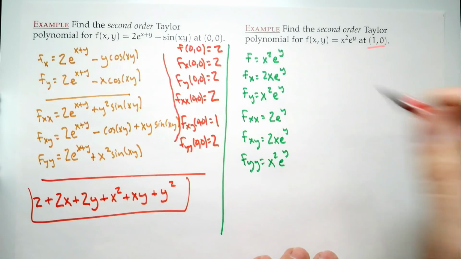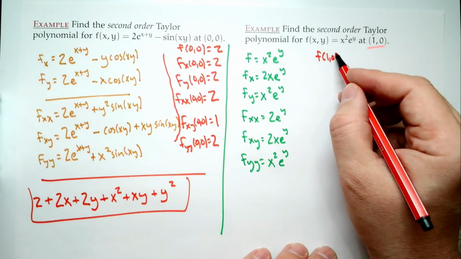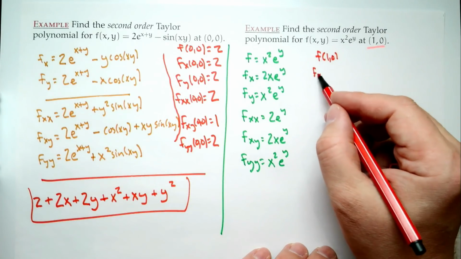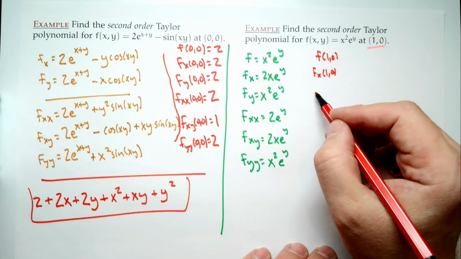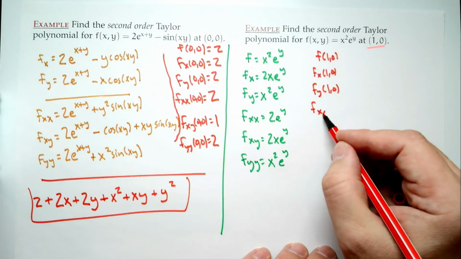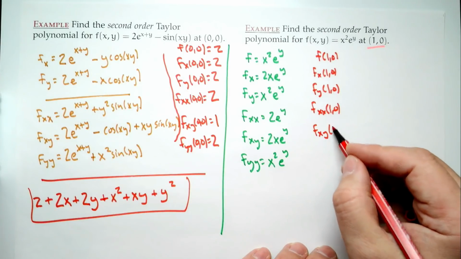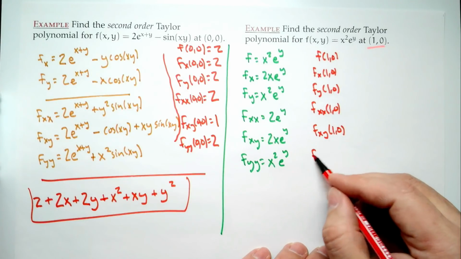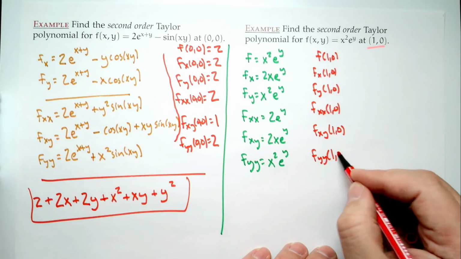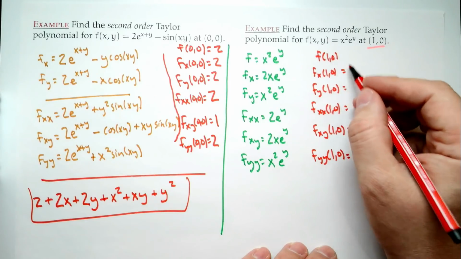Evaluate. Okay, so I'm going to plug in my point. So I'm going to do it for every single one of these. So we'll go ahead and write these all out. You should just keep in mind that there's really not very much difference between what we're doing here versus what we did in a previous calculus course.